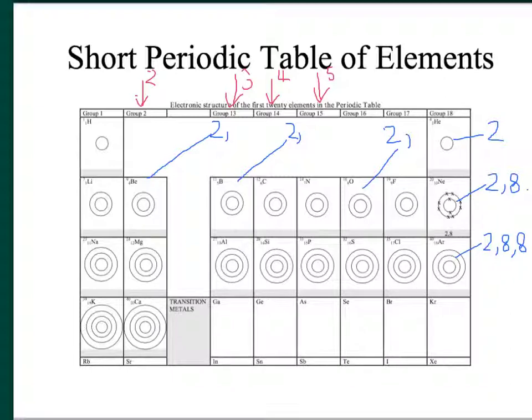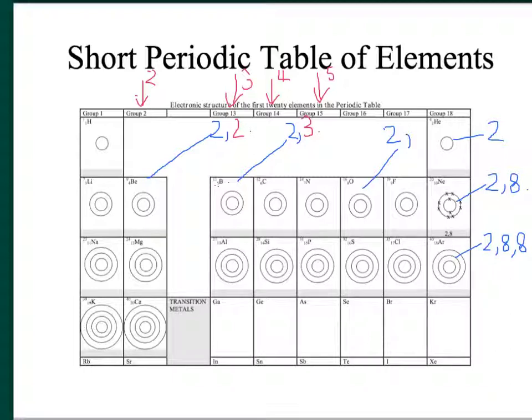So that means that beryllium, it's got 2 shells, because it's in the second period or second row. It's in group 2, so the second number is 2. Boron, which is this one, is in group 13. Last number is 3. So that electron configuration is 2, 3.